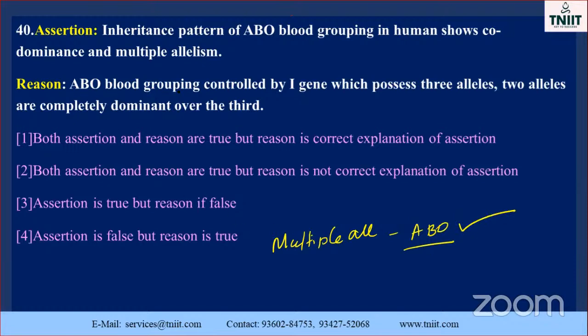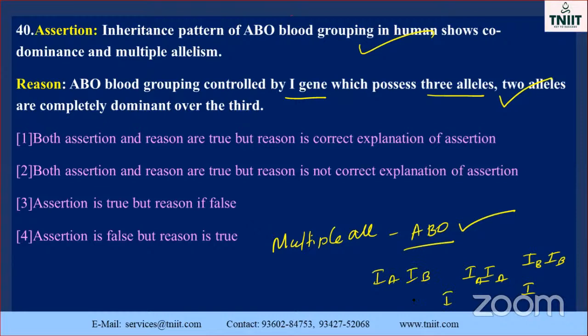The ABO blood grouping is controlled by the I gene, which possesses 3 alleles. 2 alleles are completely dominant over the third one. Yes, it is also correct. So the option is which one? Both are correct, and this is the correct explanation of the first one. You know about IA, IB.